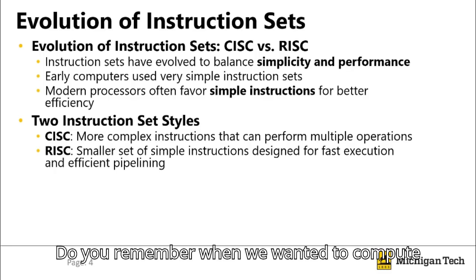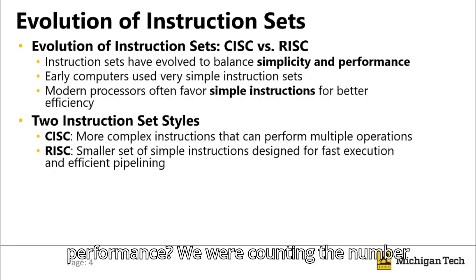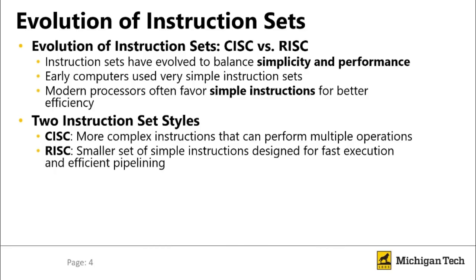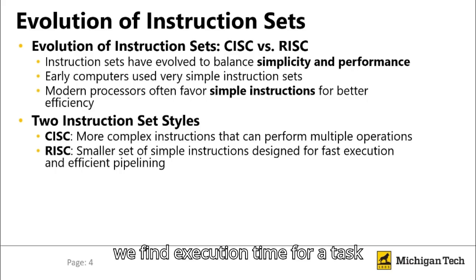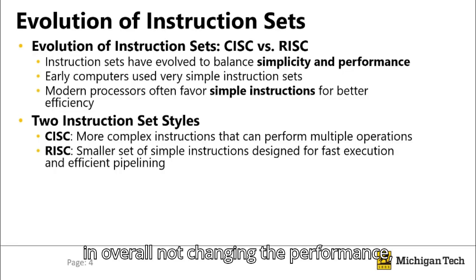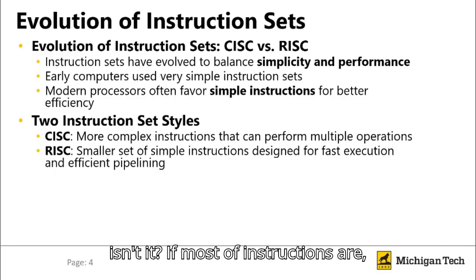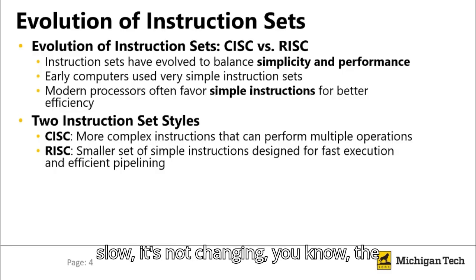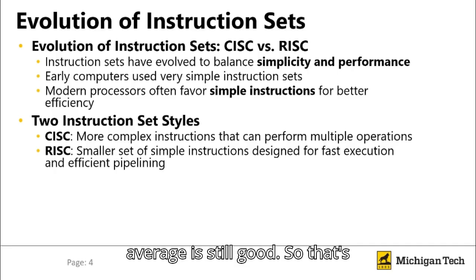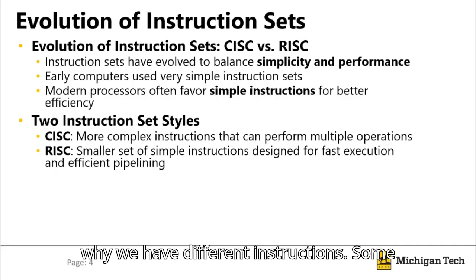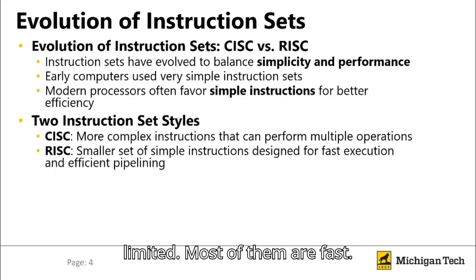Do you remember when we wanted to compute performance, we were counting the number of instructions and then clocks per instruction, and we found the execution time for a task and reversed it. So if one or two instructions are slow, overall it does not change the performance, isn't it? If most instructions are, for example, register instructions that are so fast, and two of them are slow, it's not changing, the average is still good. So that's why we have different instructions. Some of them are slow, but they are very limited. Most of them are fast.